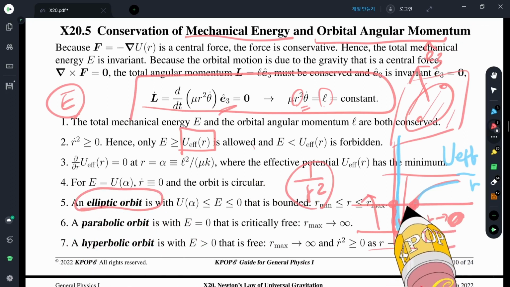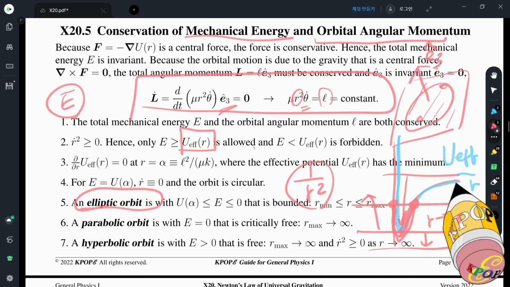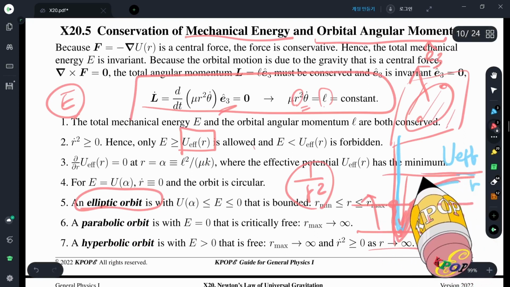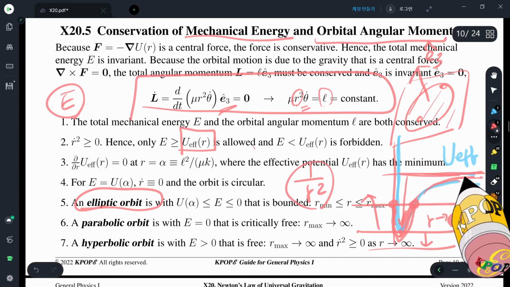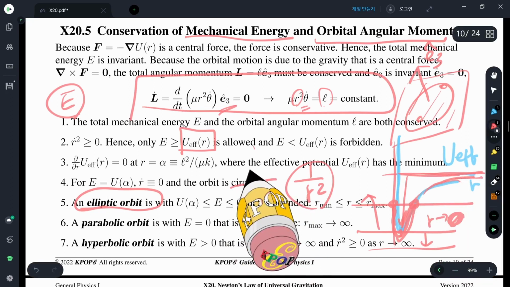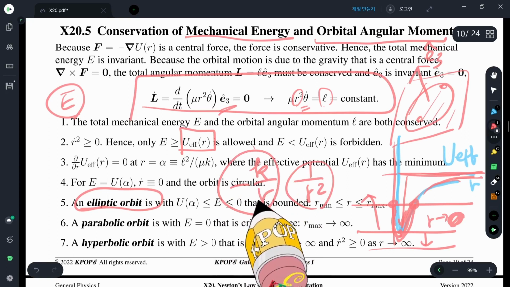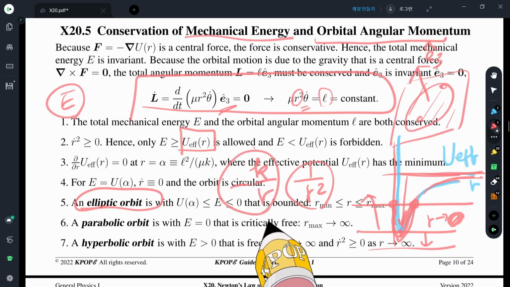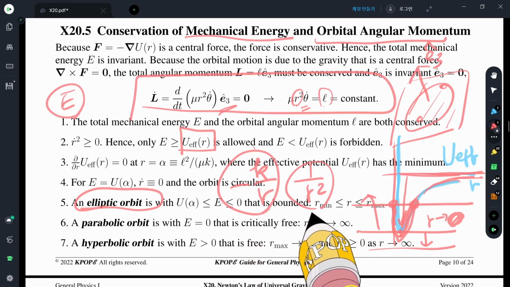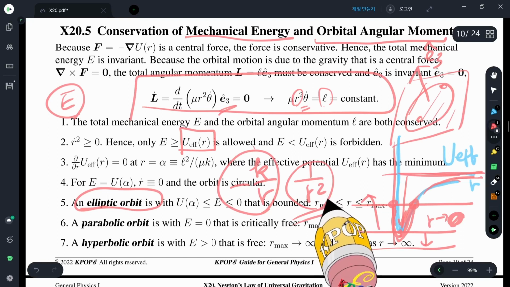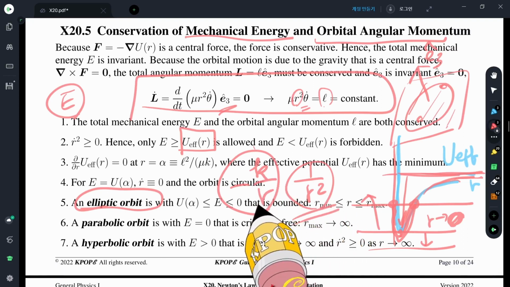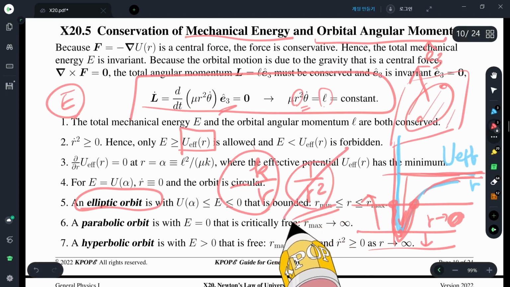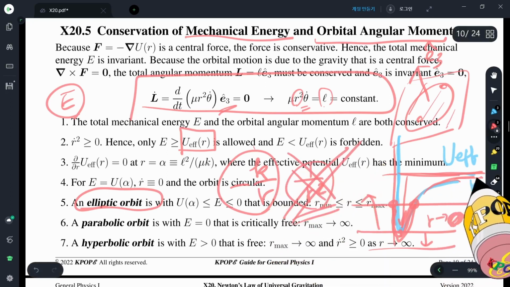And then, if we further increase the energy, you still notice that as r goes to infinity, we have potential energy k over r that is still negative, but it approaches zero. However, the tangential component of the kinetic energy decays fast, because 1 over r squared is much smaller than 1 over r as r goes to infinity. So we don't need this term as r goes to infinity.